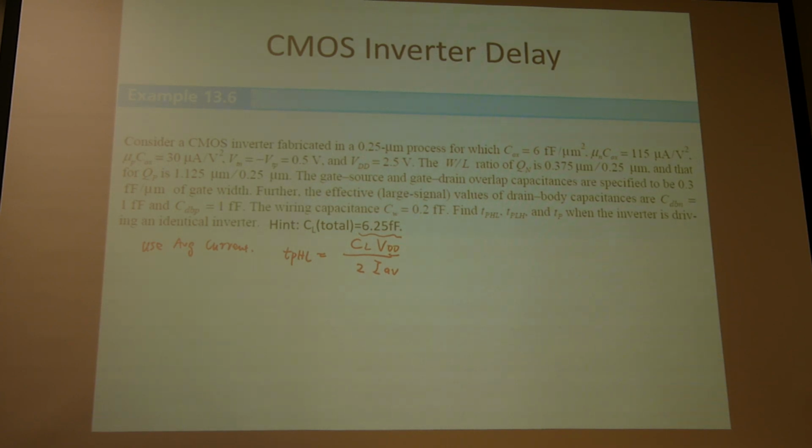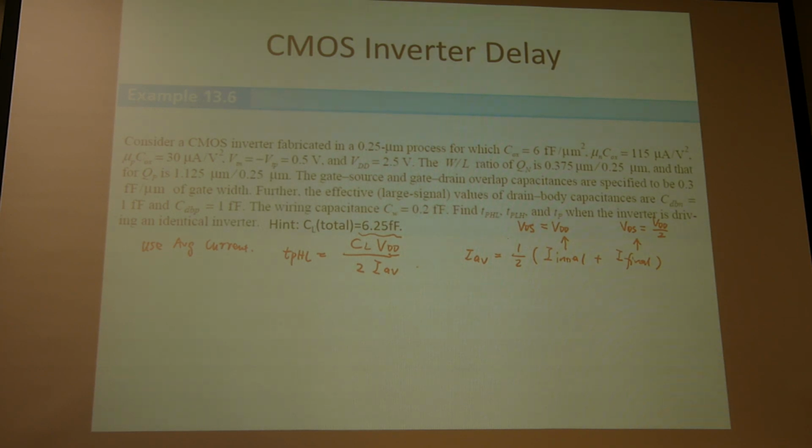So then the question is, what is the I average? So I average is the I initial and I final. So what is I initial? I initial for the tPHL, initially your VDS is VDD, and finally it dropped to half VDD.